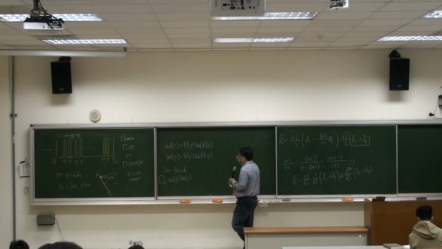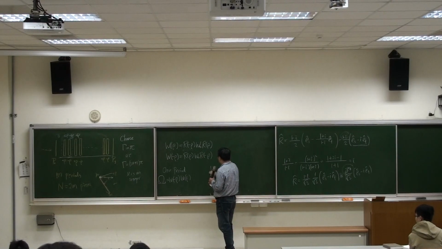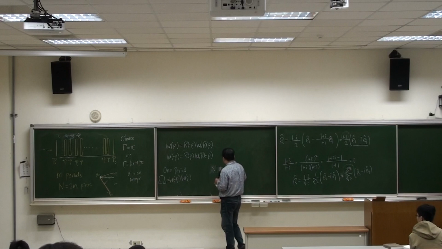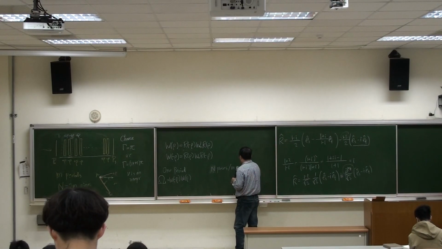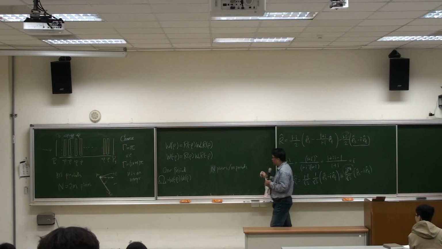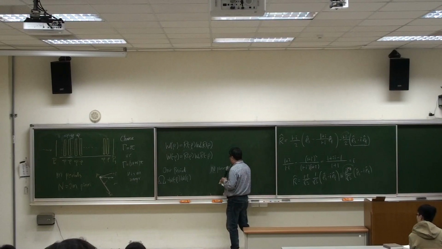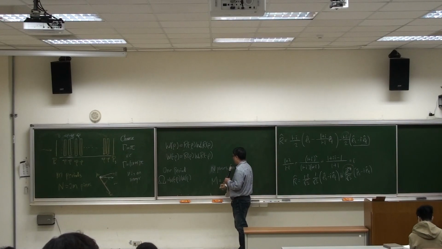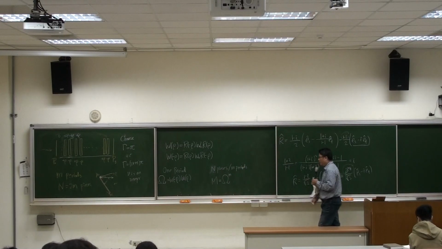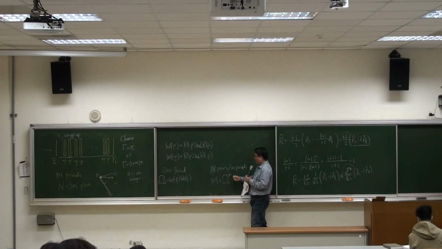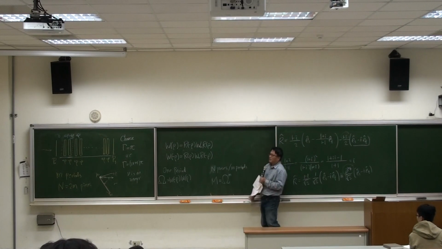Then for the total n periods or n pieces of wave plate, we have the matrix M. M is equal to the nth power of omega, because we have omega n times.